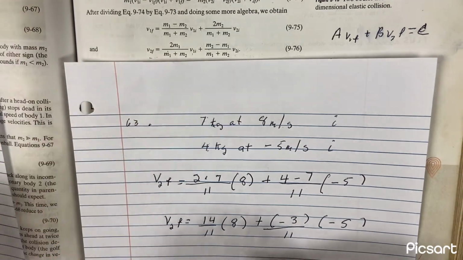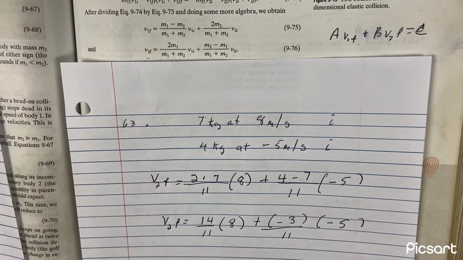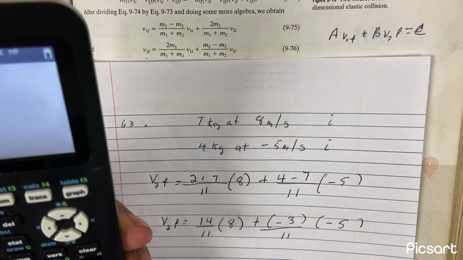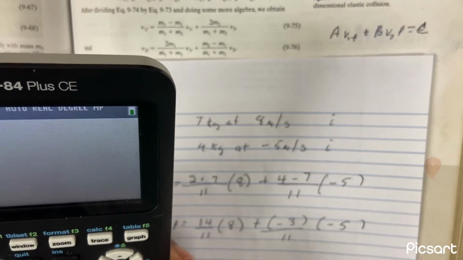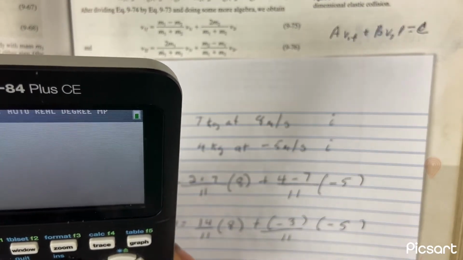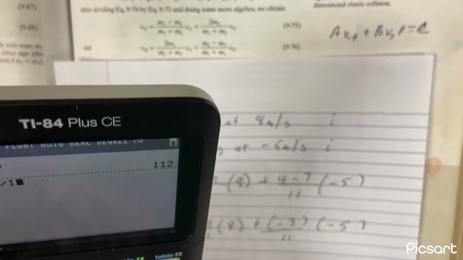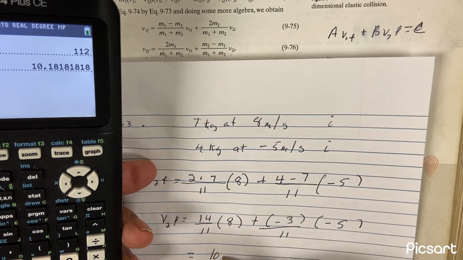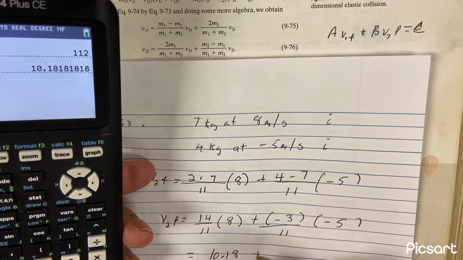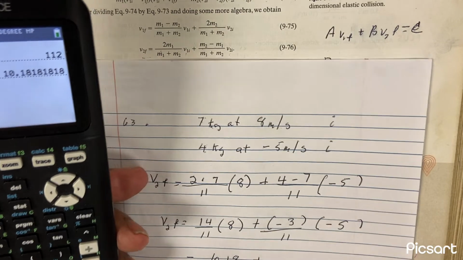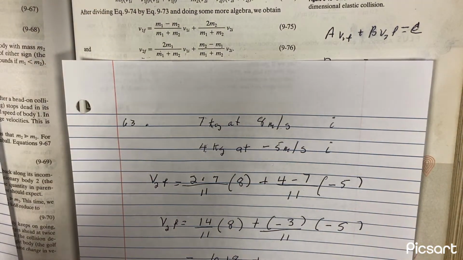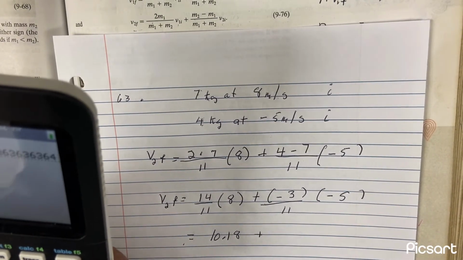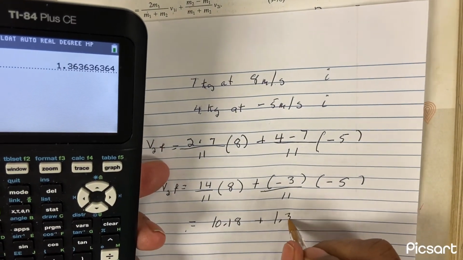So we're going to get 8 times 14 divided by 11, which is going to be equal to 10.18, plus, we're going to get a 15 divided by 11, which is 1.36.